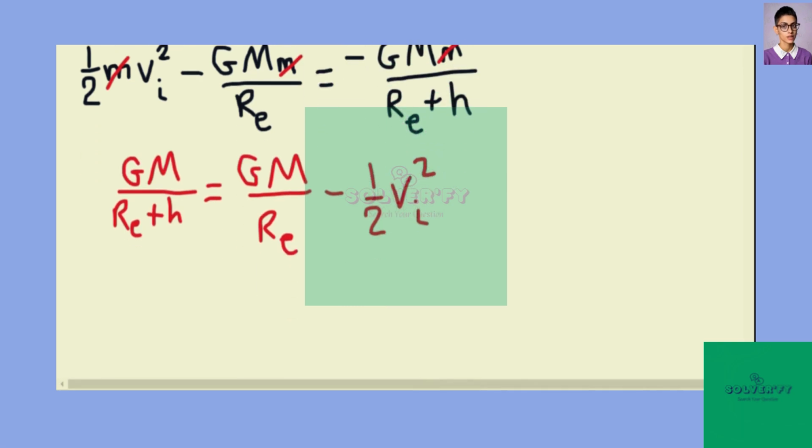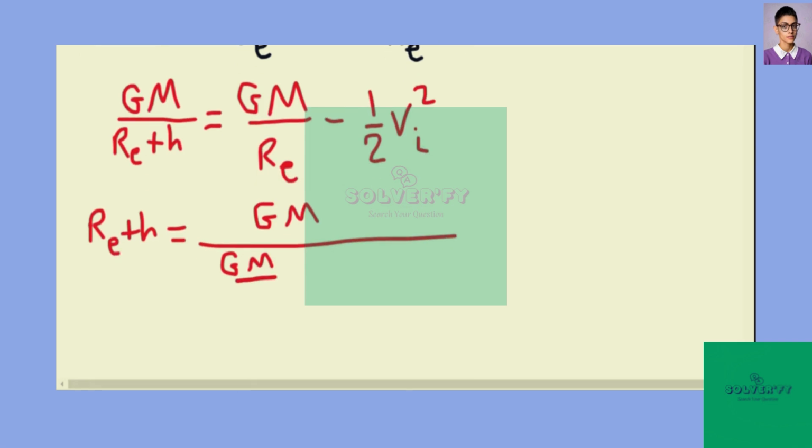Then I'm going to rearrange that so that it says R_E plus h equals GM over GM over R_E minus 1/2 v_i squared. If I subtract R_E on both sides, then I have an equation for altitude.